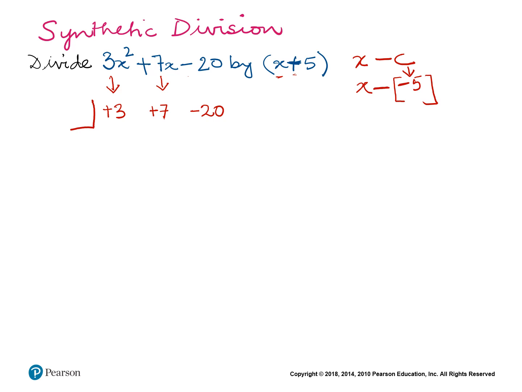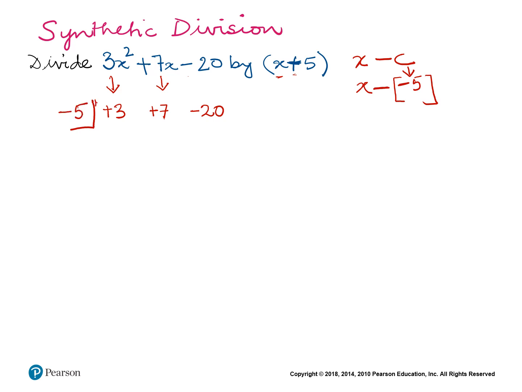All right, so again, c is the value after setting x plus 5 in the x minus c form. c is not positive 5. c is the value that you have after rewriting x plus 5 in the x minus c form. So I'm going to write that minus 5 over here on the left hand side.